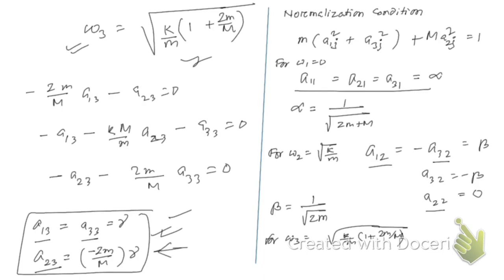So if we put these values here in this one, then we're gonna have gamma is equal to 1 divided by root over 2m into 1 plus 2 small m by capital M. That's what we're gonna have, right? Hope you have understood this. Now let me copy these 3 values, alpha, beta, gamma, and let me go to next slide.